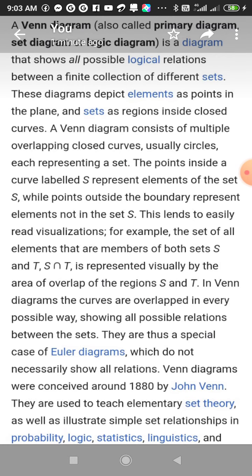The curves are overlapped in every possible way, showing all possible relations between the sets. These are thus a special case of Euler diagram, which do not necessarily show all relations, but some relations it shows. There are some examples in front of you.